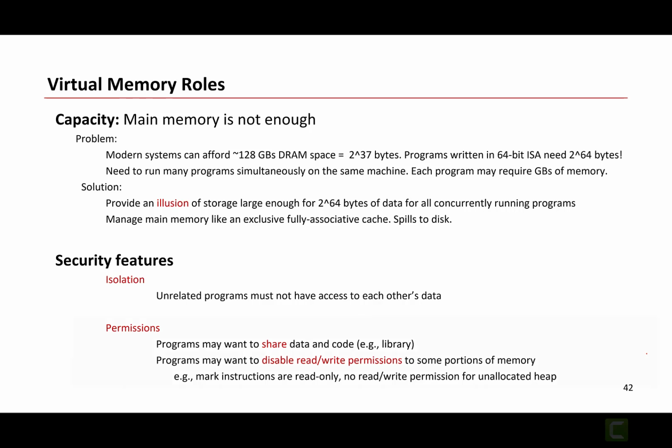Now, in addition to isolation, which is a property that means different programs don't get to access each other's data, virtual memory also allows you to keep track of some special permissions along with the data. Let's look at a few different types of permissions. Number one, it may allow you to keep track of read and write permissions for some data.